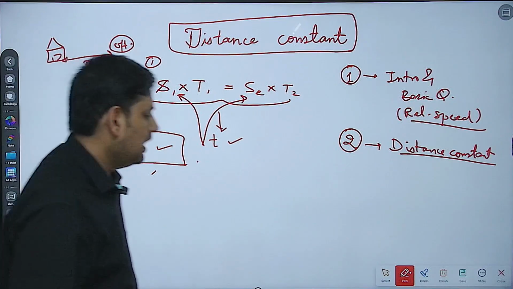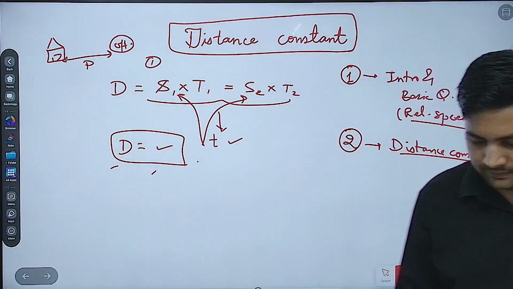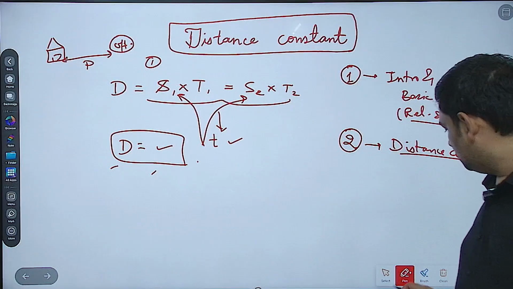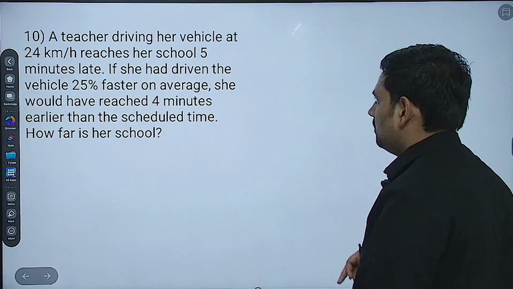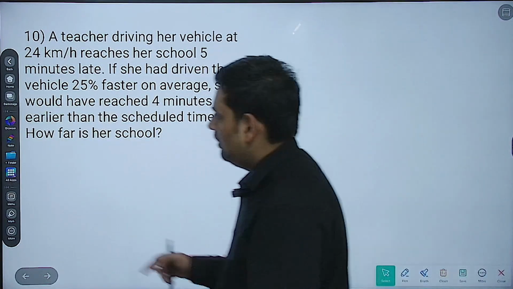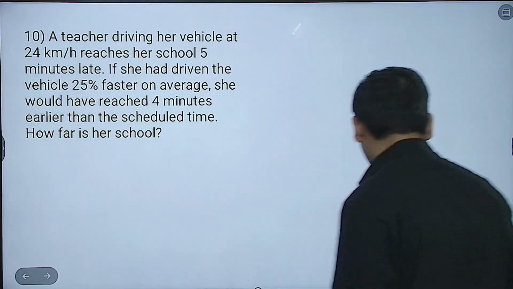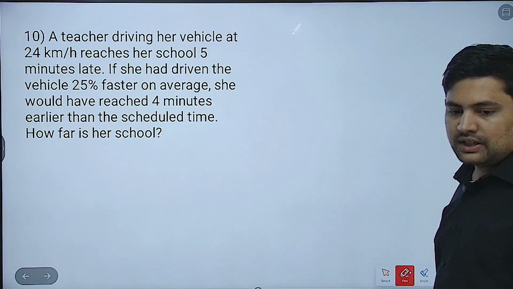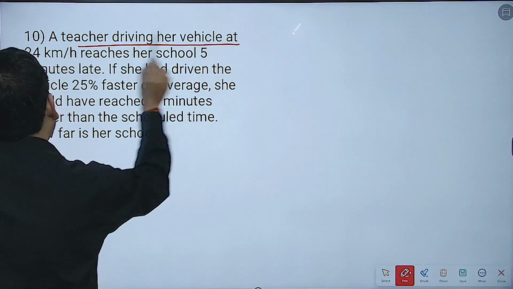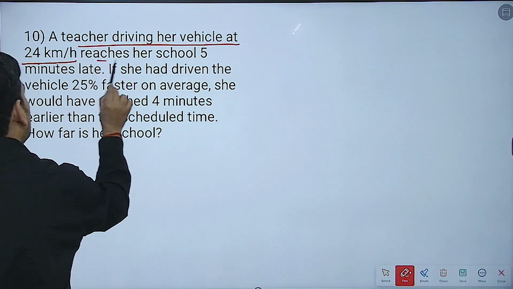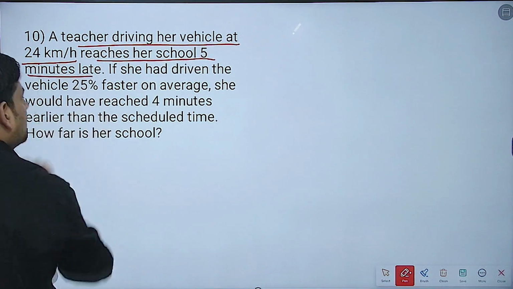Okay, now let's see some questions. So this is the question. Let's see what it says. A teacher driving her vehicle at 24 km per hour reaches her school 5 minutes late.